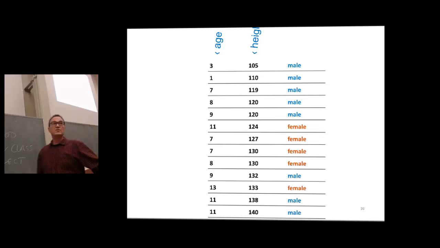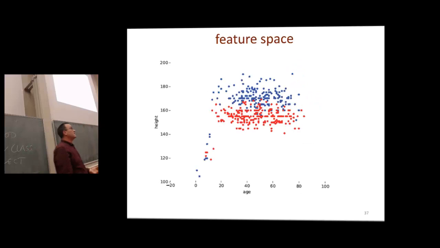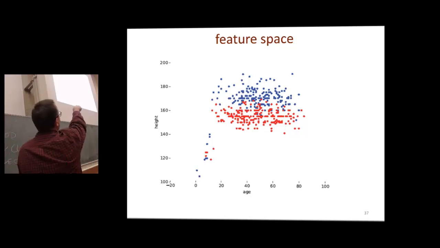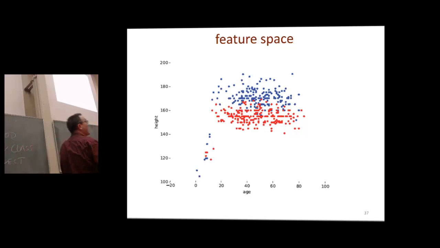And when we have this representation, we can easily think of this in terms of a feature space, so a mathematical space, where each of the features are on the x and y axis, and the vectors are then represented by a point in this feature space, and the classification would be a color assigned to each of the points in the vector space.